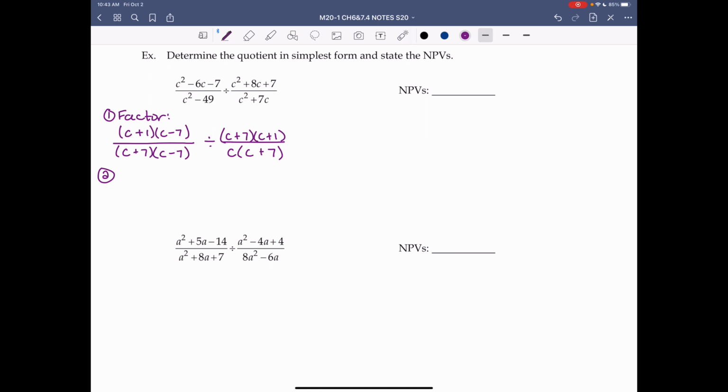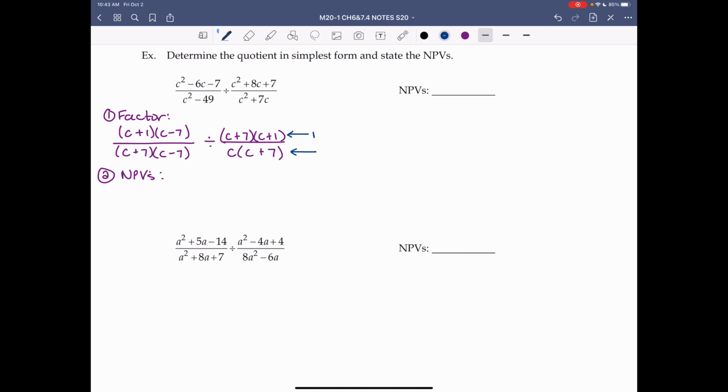Step 2, our NPVs. When we're doing division of fractions, our NPVs are a little bit different. For the second fraction, originally this is our denominator, but when we kiss and flip, when we multiply by the reciprocal, this is going to be our denominator.